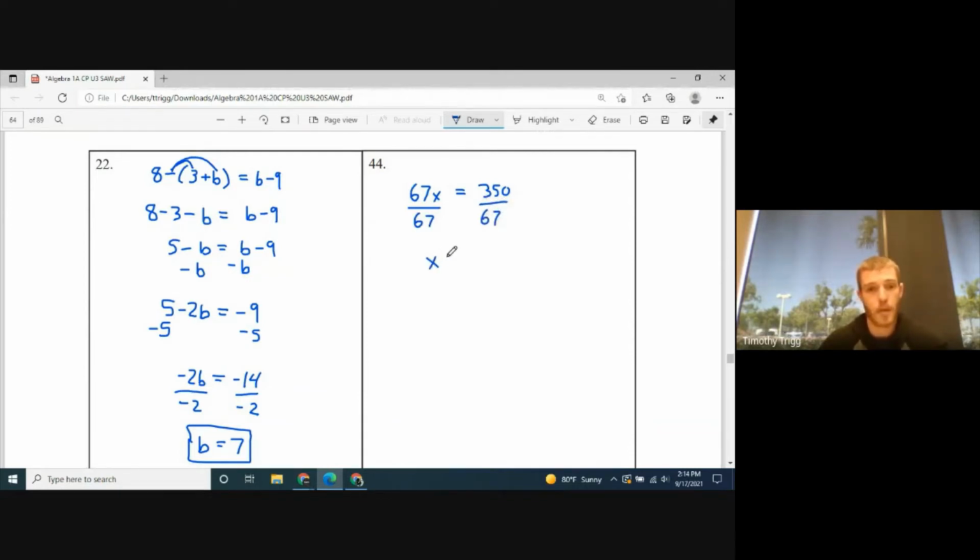So that'll give us that x equals 5.22, we'll say. So what you want to say is that if he goes skiing more than 5 times, so if he goes skiing 6 times or more, then he should go with the season pass. But if he's skiing 5 times or fewer, he should go with the daily passes.